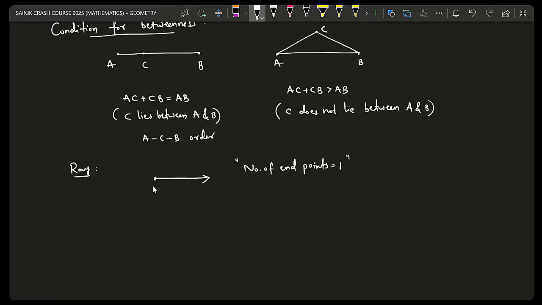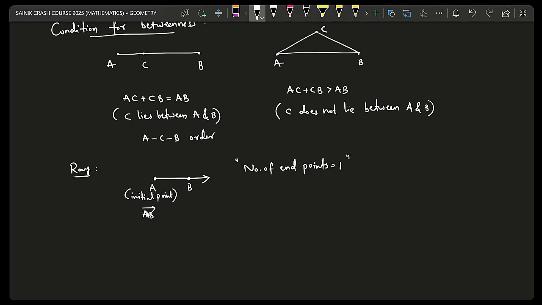Suppose I call this point A and you take any other point other than A, let us say this is B. Now what is the correct way of naming this ray? You take the initial point, and you remember this A is called the initial point of the ray. So starting from A, it is extending towards B. So you use a ray symbol above that.